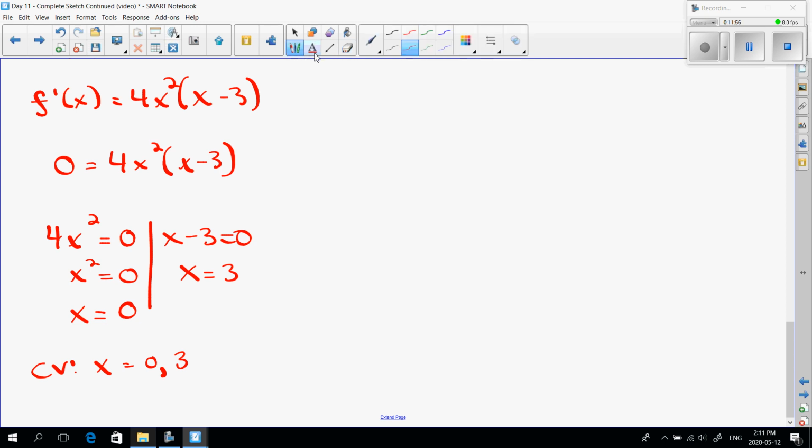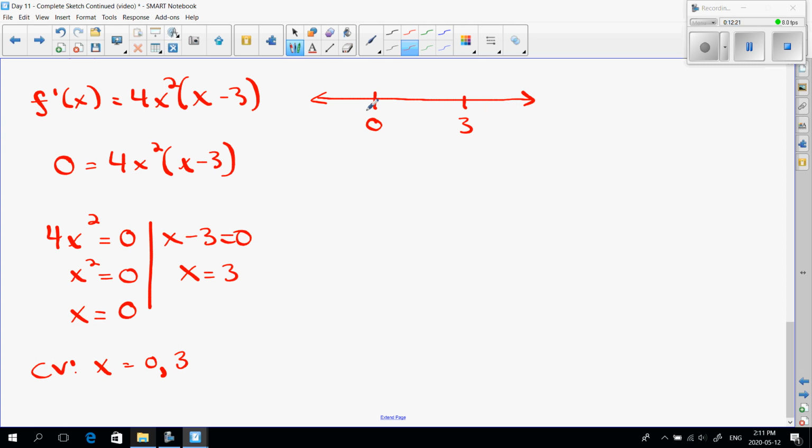But what I want to do is find the intervals of increase and decrease. So I'm just going to draw a little number line next to my derivative. I'm going to mark my critical values on that number line. So I'm going to put a 0 and a 3, these numbers right here. And I'm going to test each of these intervals.